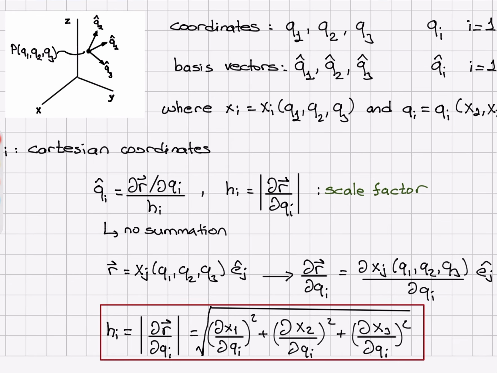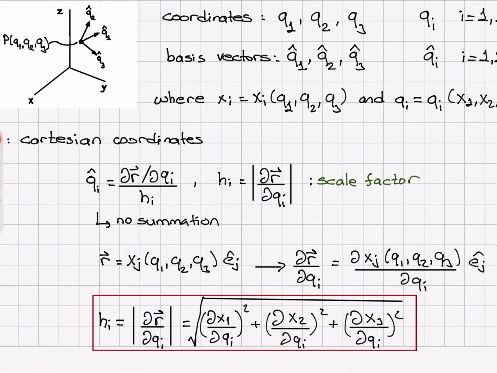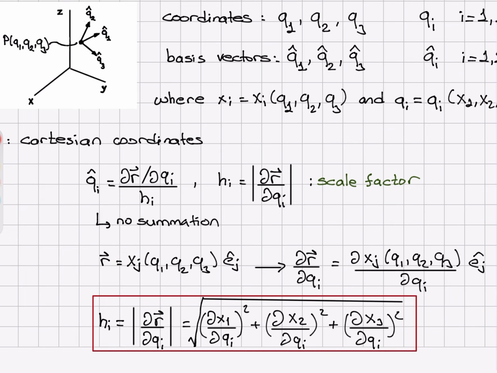This is the qi hat that we are after. And the position vector in Cartesian coordinates is xj ej hat. So if I take a derivative of this with respect to the curvilinear coordinate qi, that means I'm taking a derivative of xj with respect to qi, ej hat. And we have two indices here, so there is going to be a summation.